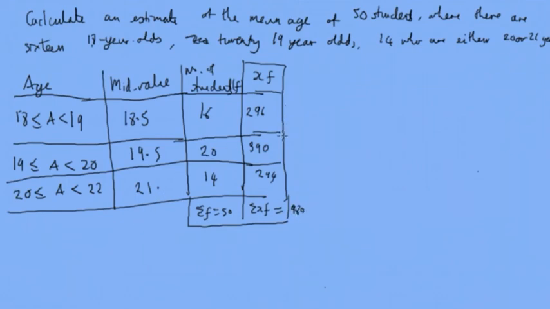So the estimate of mean age is equal to the sum of the mid value times the frequency over the sum of the frequencies. So it's 980 over 50, which is 19.6 years.